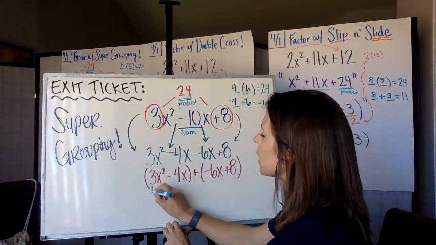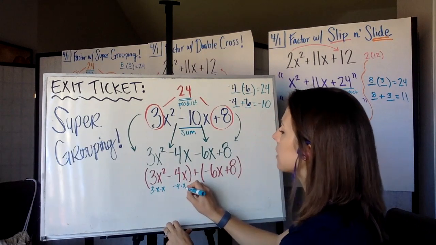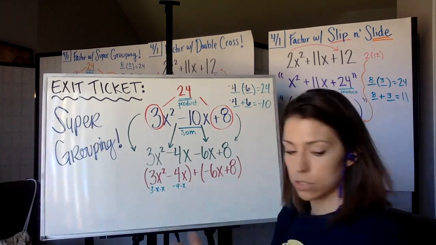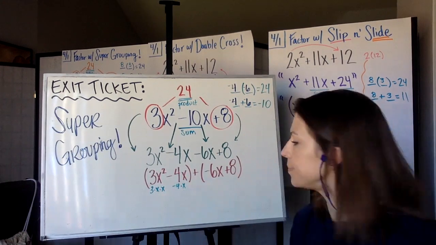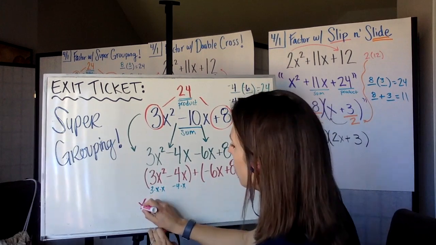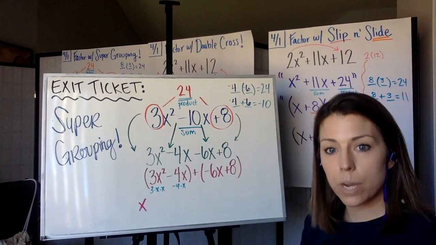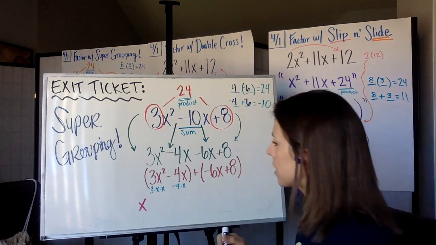So this would be 3 times x times x. This is negative 4 times x. They have that x in common, so let's pull that x out in front. Let's factor out x. I'm going to run out of room. Okay, when I factor out x, what does that leave me with?